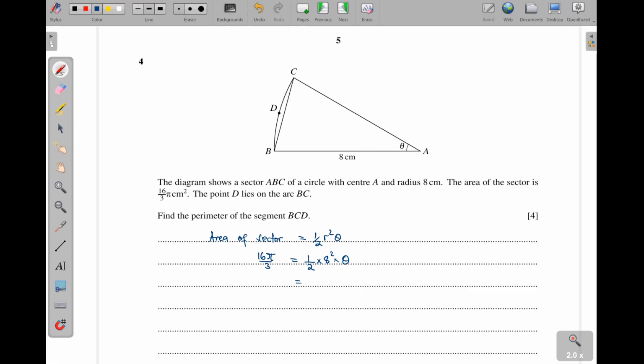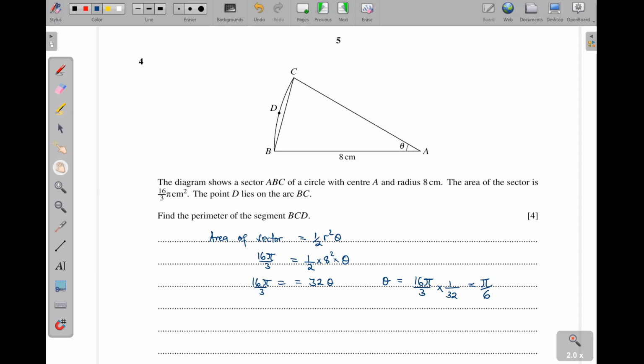First of all, 64 divided by 2 is 32, and this is 16 pi over 3. So theta is equal to 16 pi over 3, divided through by 32, that is times 1 over 32. And of course, this one goes here 2 times. So that will be pi over 6, right? So this will give us pi over 6.